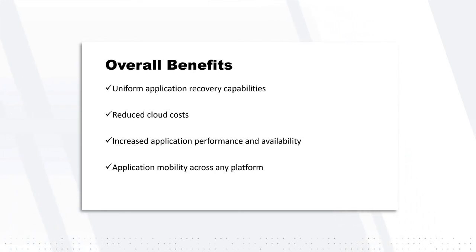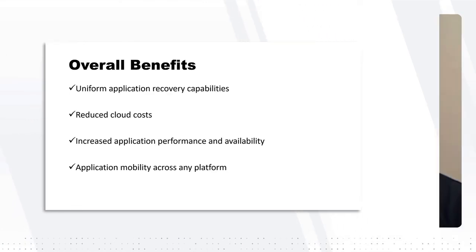So kind of think of it as providing us a single solution for application mobility and portability across any platform. Now, this includes public and private clouds as well as on-premises data centers. So there's really a lot of flexibility in terms of architecting your applications to run in the best way possible. And so InfoScale does bring a lot to the table for both cloud and on-premises and hybrid environments.